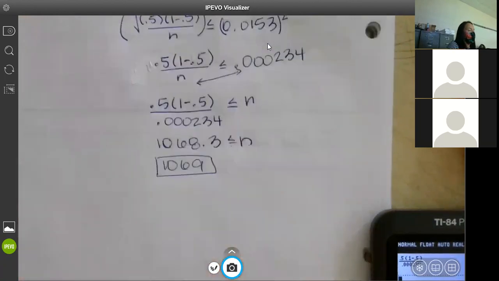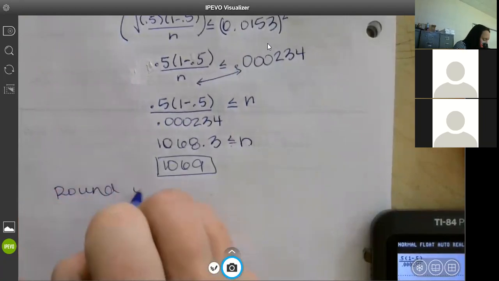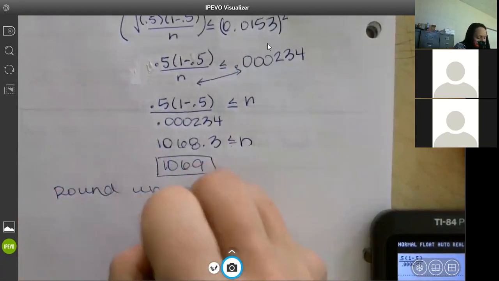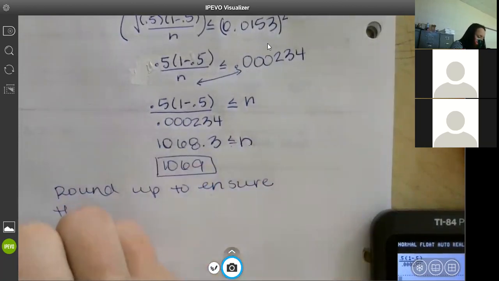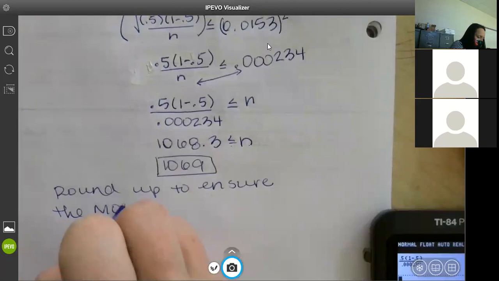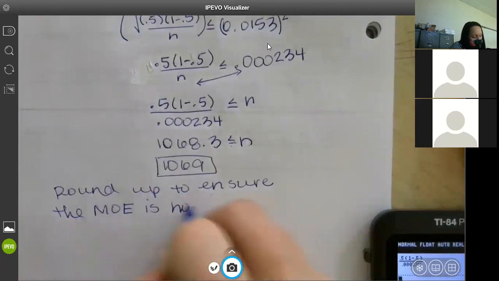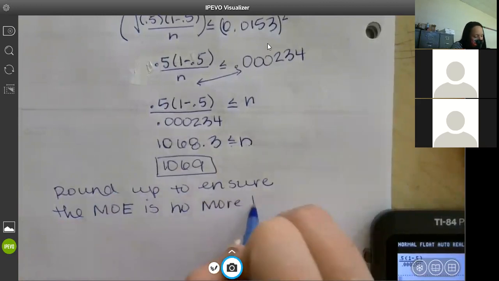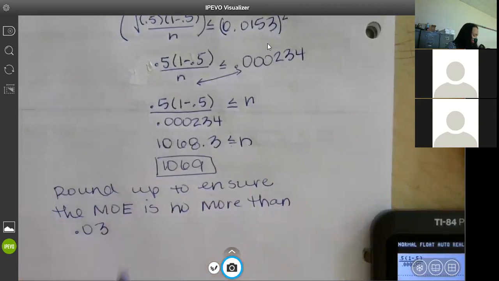Yeah, don't make it more. Yeah, it's easy. So we want to round up to ensure that the margin of error is no more than that 0.03.